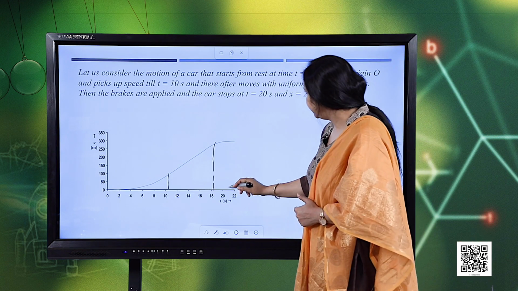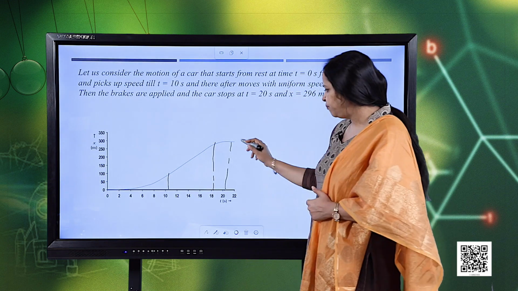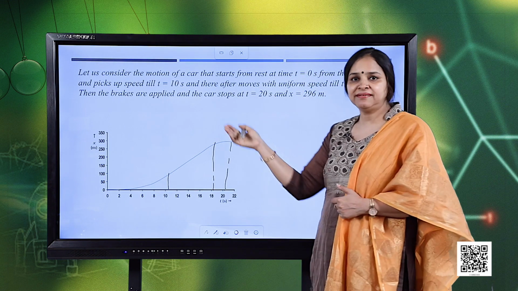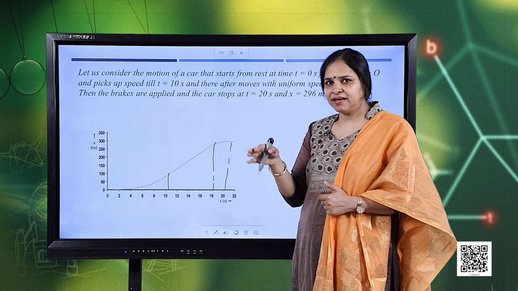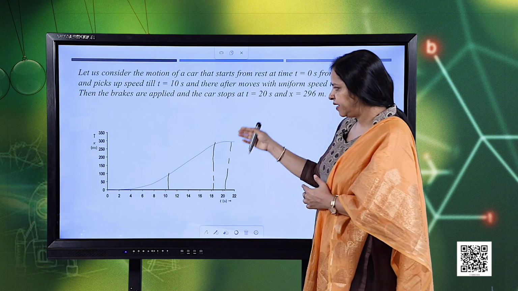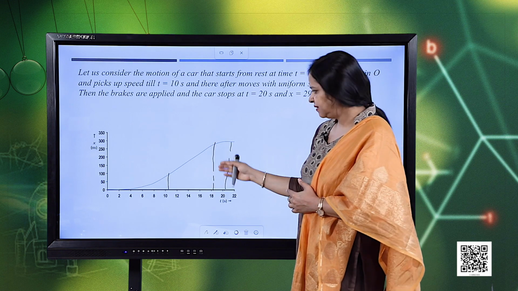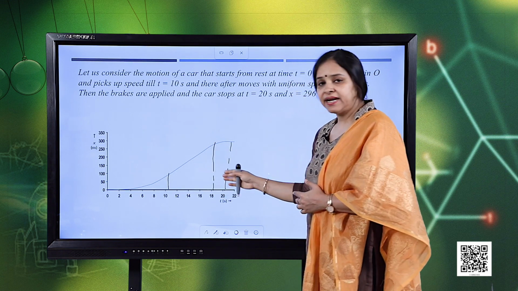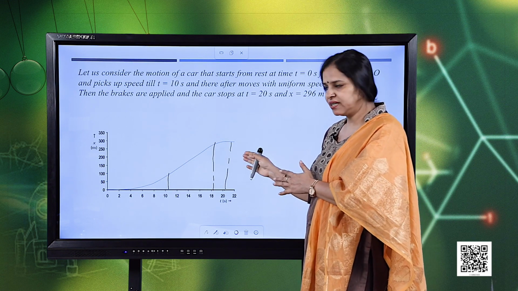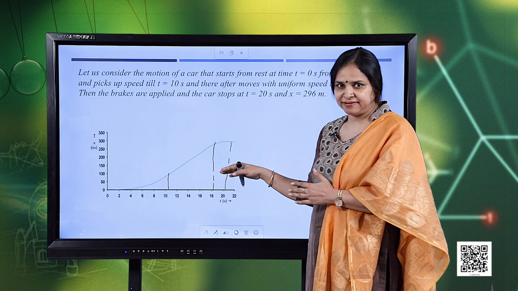Between 18 and 20 seconds the velocity is decreasing, so it is a case of deceleration. So, using this graph we can see the motion of a car picking up speed till 10 seconds, then between 10 and 18 seconds the velocity remains uniform or constant, and then for the next 2 seconds the speed is decreasing.